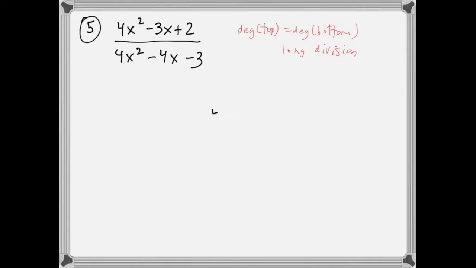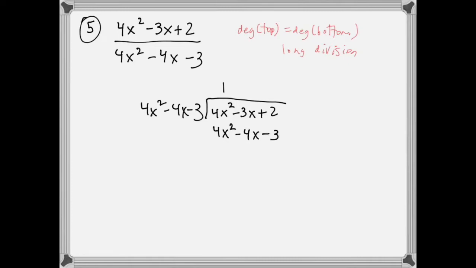What is 4x squared minus 3x plus 2 divided by 4x squared minus 4x minus 3? So let's see what we get. First we need to multiply by 1, and we just get itself again. And then we're going to subtract it.